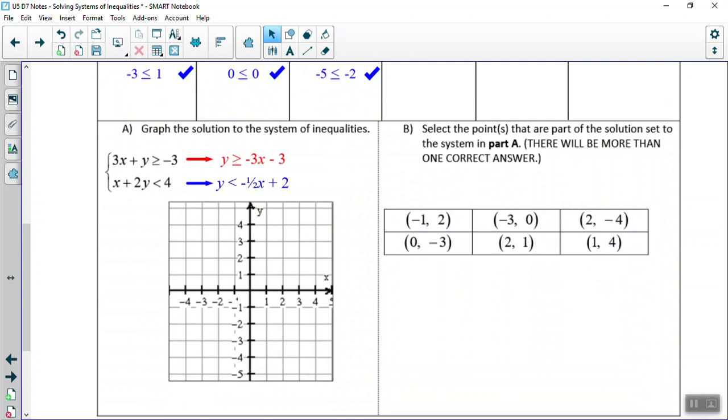And then we can graph them. So we have y is greater than or equal to -3x minus 3. So I'm going to graph each of these points and put my line in. All right, then we can graph this one here, a -1/2.